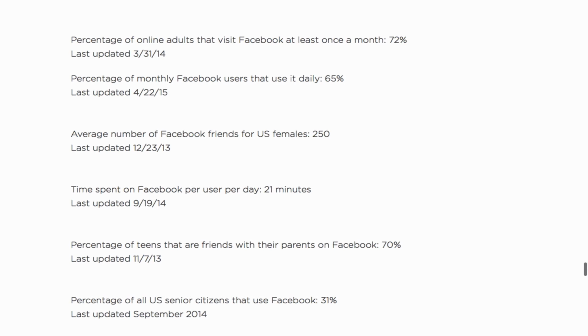That's in 2014. I just thought this was interesting. The percentage of teens that are friends with their parents on Facebook is 70%. And just in case you think that older people are not using Facebook, 31% of United States senior citizens as of September 2014 were using Facebook. That number is probably quite a bit higher now.